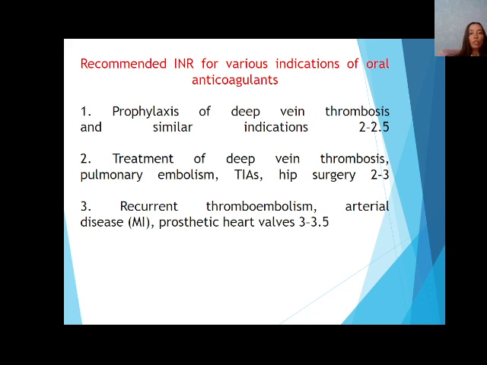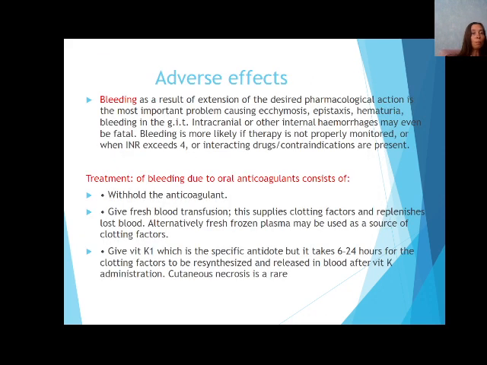In the case of treatment of deep vein thrombosis, pulmonary embolism, transitory ischemic attack, hip surgery, from 2 to 3. In the case of recurrent thromboembolism, arterial disease, prosthetic heart valves, INR should be from 3 to 3.5.